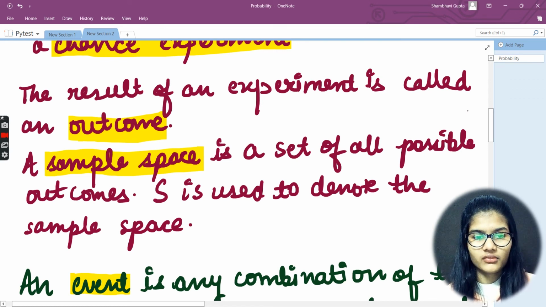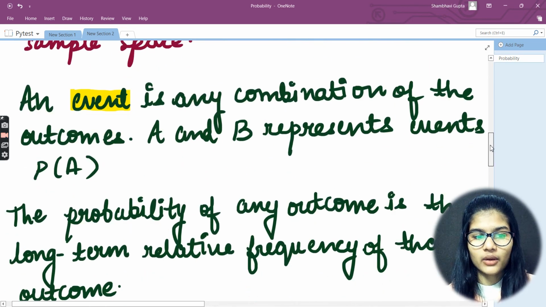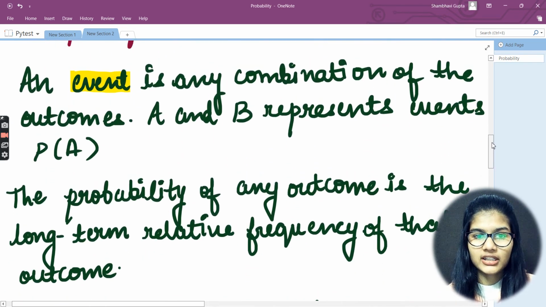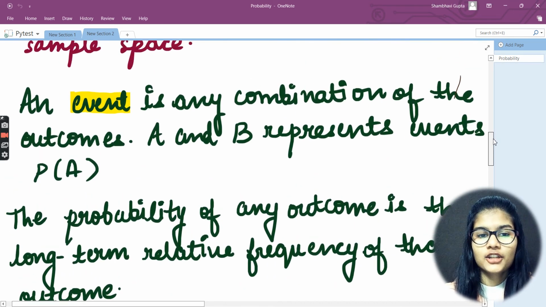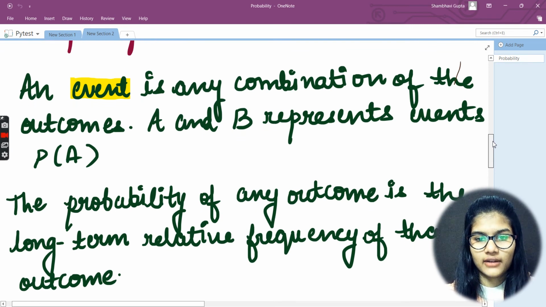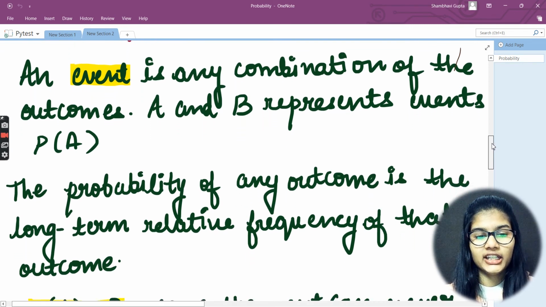Okay, right. Further we discussed the event, that is, what an event is. An event is a combination of the outcomes, right? So A and B represent the events. If you want to write that in the form of probability, it is probability of A like this. So the uppercase characters you have all represent the events for you.